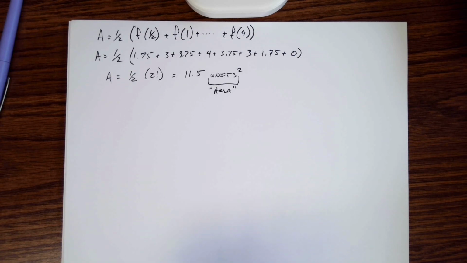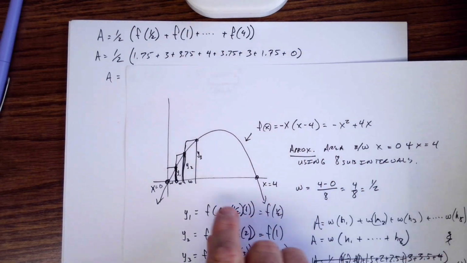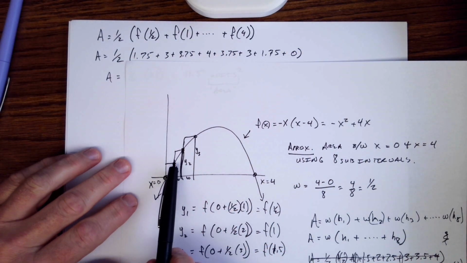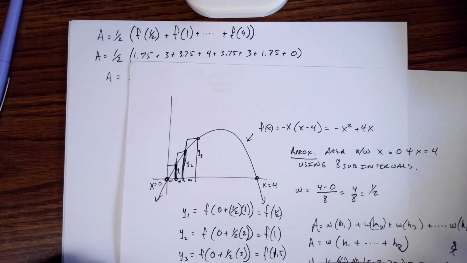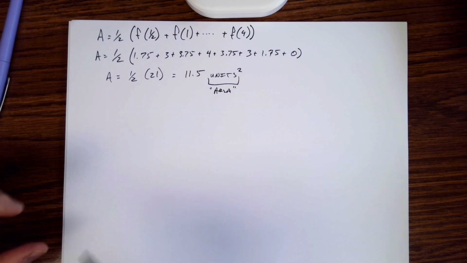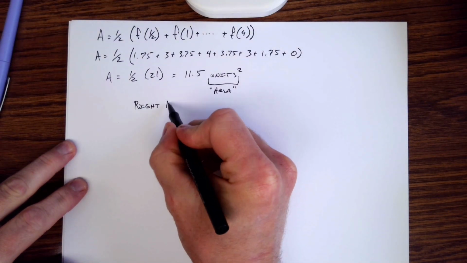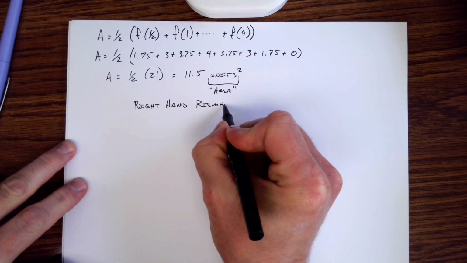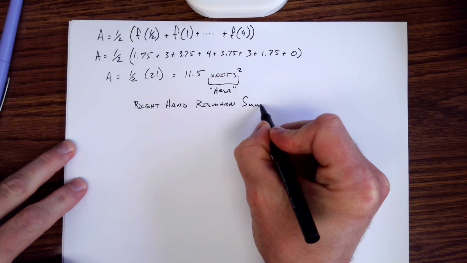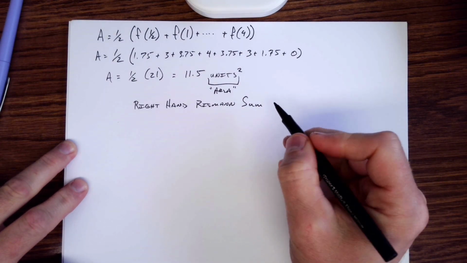Now I also did talk about the fact that we're going to create the generic version of this. And that takes us back to the drawing for a second first. Notice that all these rectangles touch on the right-hand side. That means that what we actually did here was we found the right-hand Riemann sum.